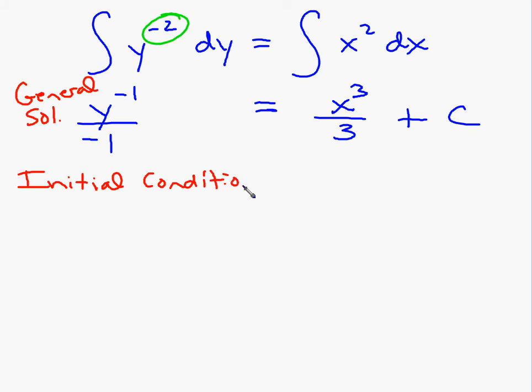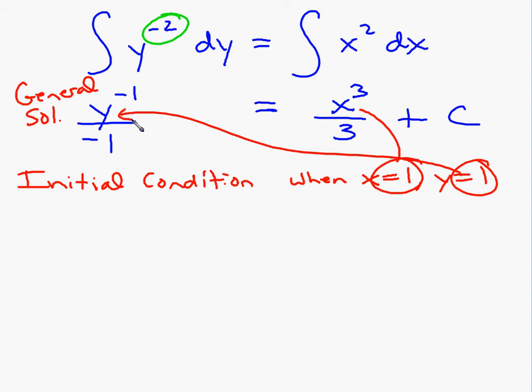Let's say the initial condition to this problem was we were told that when x equals 1, y equals 1. We'll just make it simple. All right? So if I'm told that when x equals 1, y equals 1, then all I have to do is plug this 1 in for x and plug this 1 in for y and solve for c.